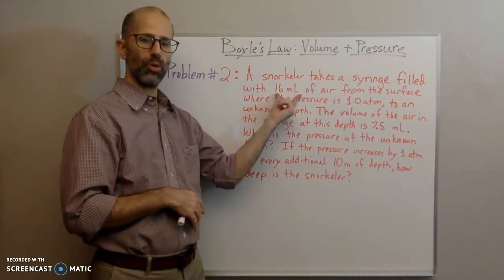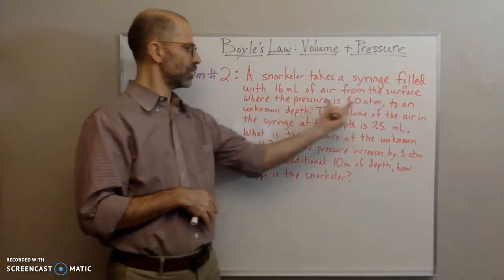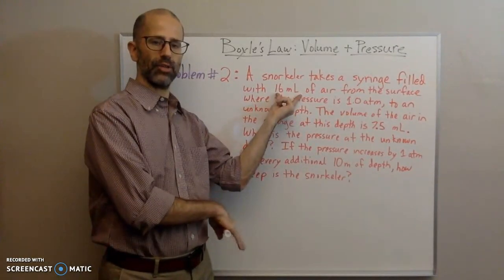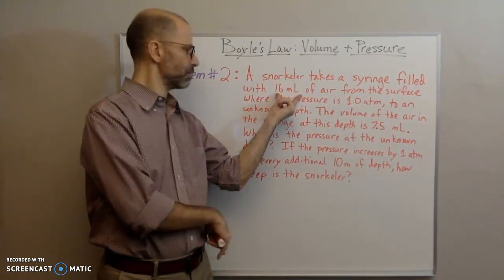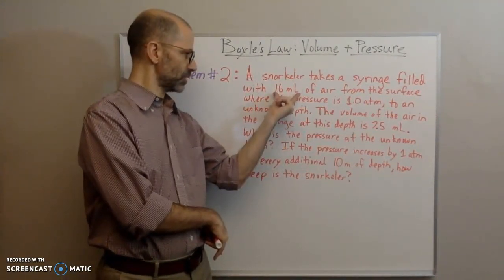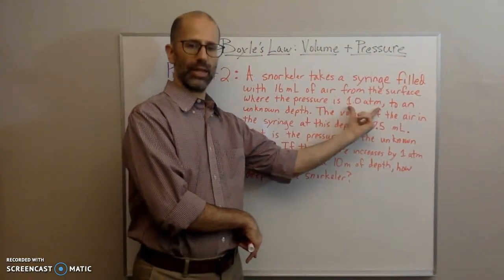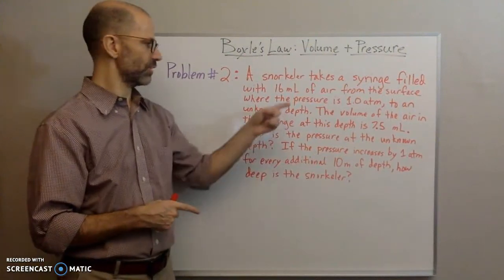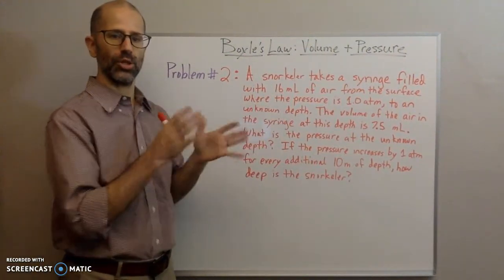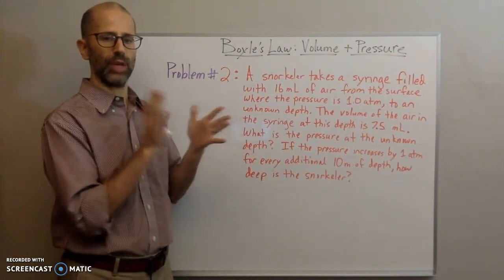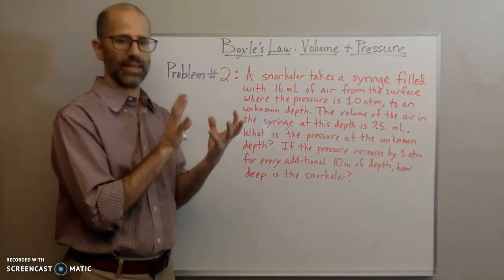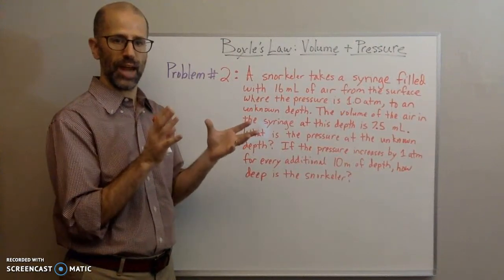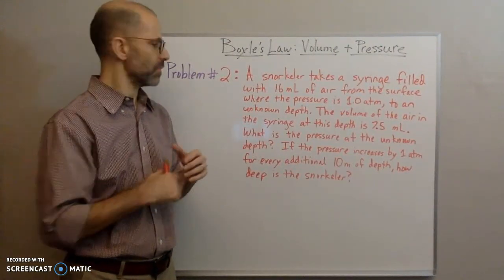So you know what the initial pressure is in the syringe before you dive into the water. So it's a volume of 16, and the pressure on the outside is 1 atmosphere, and that's equal to the pressure of the gas on the inside. And the other thing to remember is that the amount of gas in the syringe doesn't change. So you're not losing any air, you're not gaining any air.